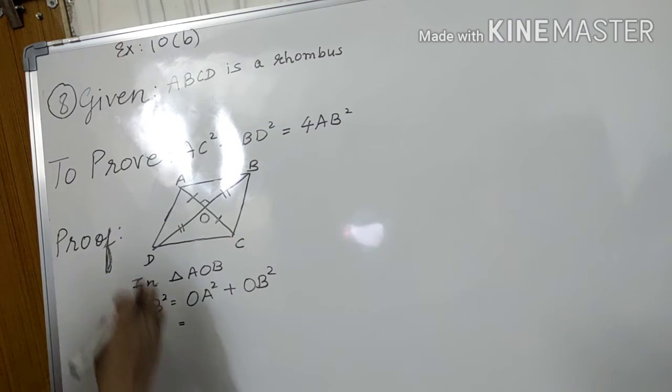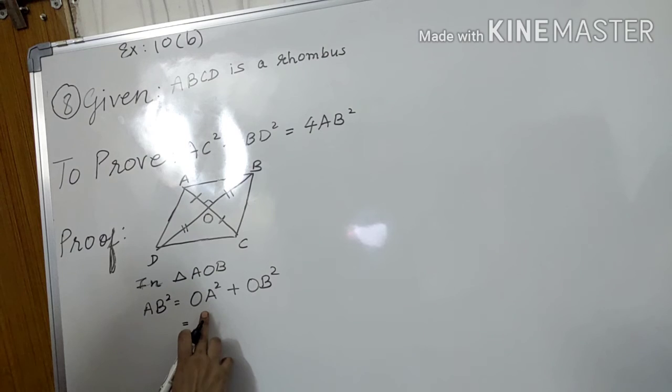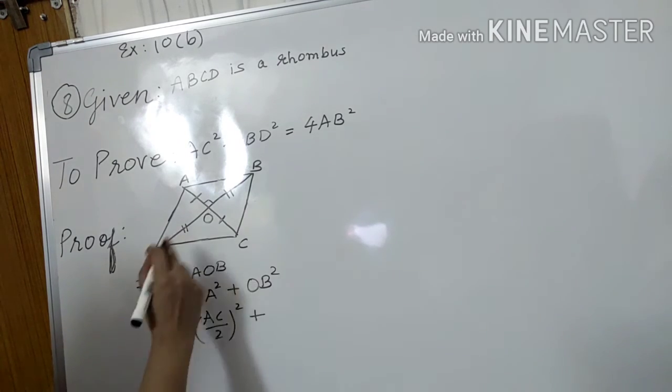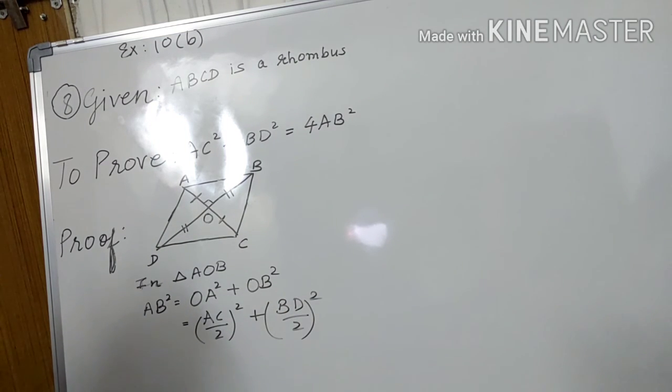That is half of AC. So here I can write, instead of OA, AC divided by 2 whole square, and instead of OB, BD divided by 2 whole square, right? So here I write AC square by 4 plus BD square by 4.